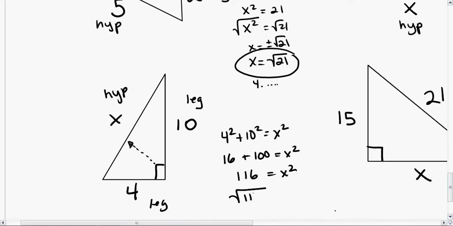And the square root of 116 equals x. I'll leave it to you to figure out if you can reduce or not.